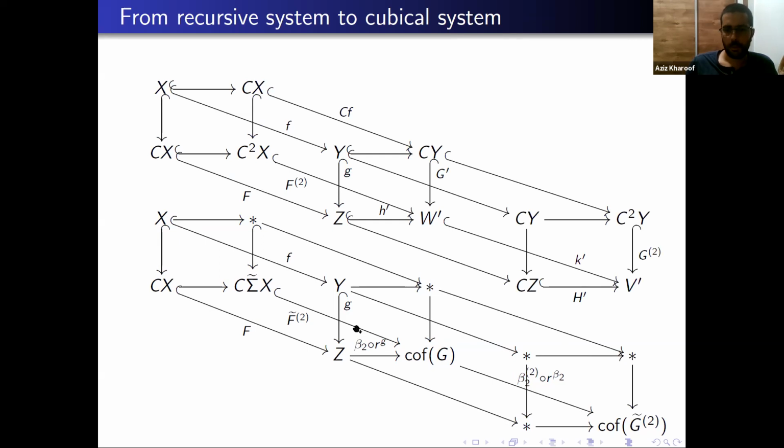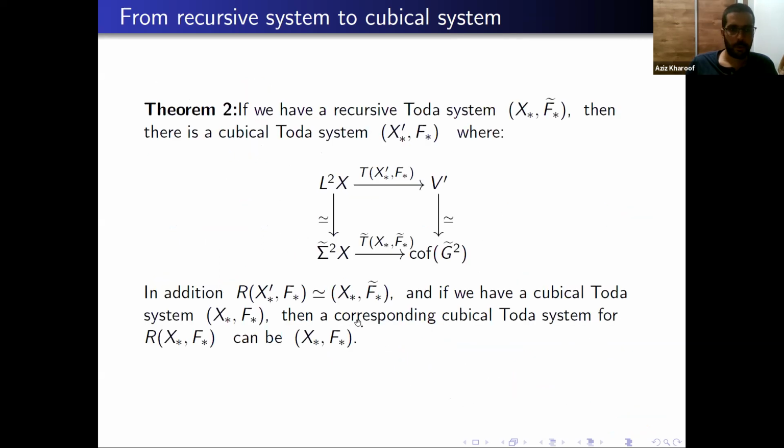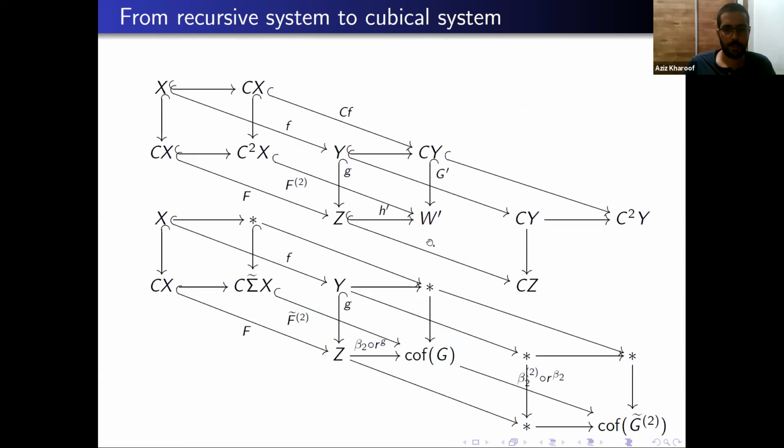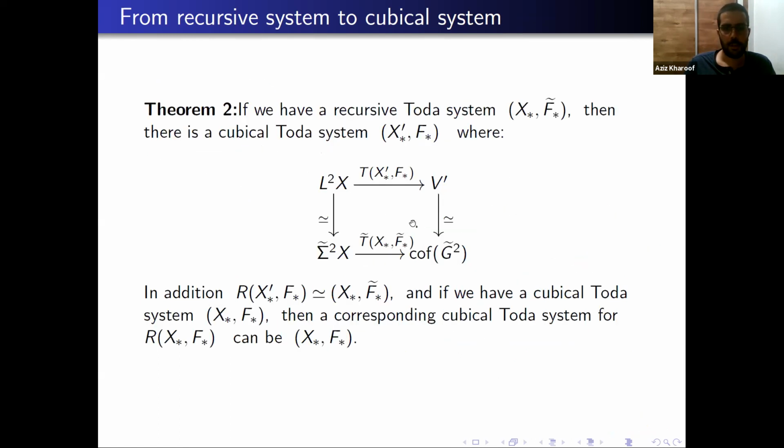Okay, so then we have the following theorem also. It's the inverse way. If one gives me a recursive Toda system, then there is a cubical Toda system, not functorial, what I built here, and one can show that it is the reverse.